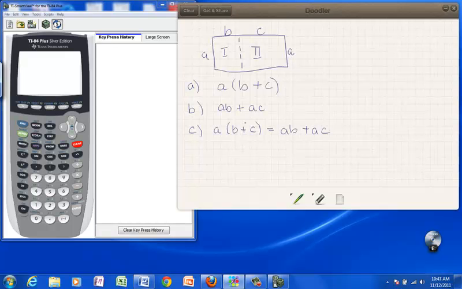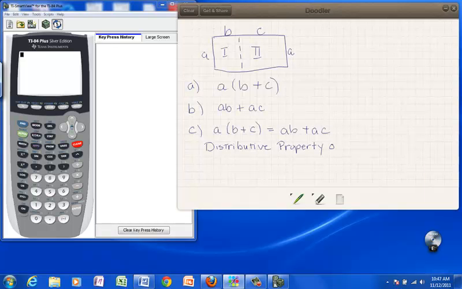What we've done is we've written the basic rule for the distributive property. Those of you who have had algebra in the past may have stopped by saying it's the distributive property, but it's really more precise than that.